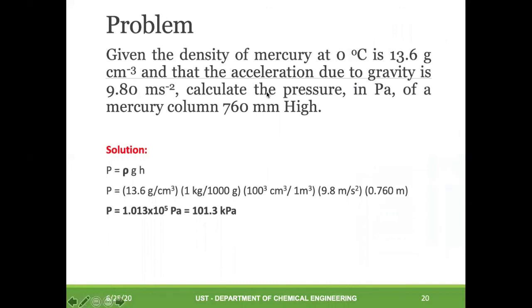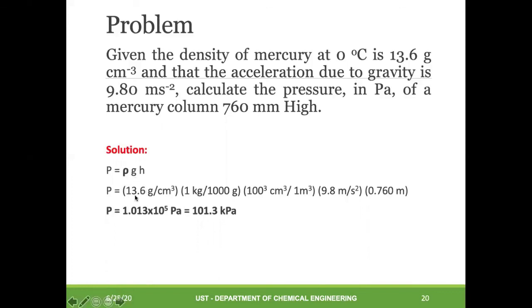So in problem number 1, given the density of mercury at 0 degrees Celsius is 13.6 gram per cubic centimeter, and that acceleration due to gravity is 9.8 meter per second squared, calculate the pressure in Pascal of a mercury column 760 millimeter high. To solve this, pressure is equal to rho g h.